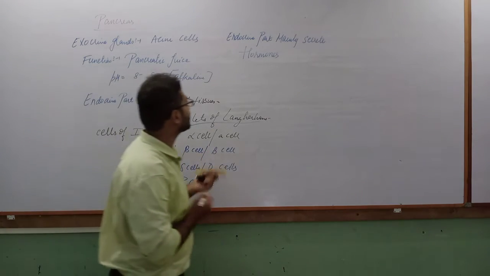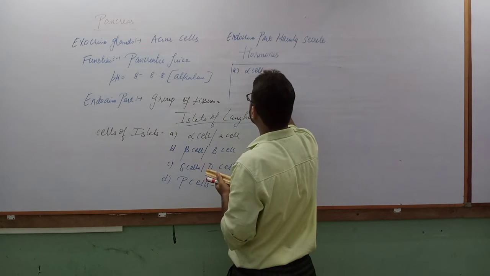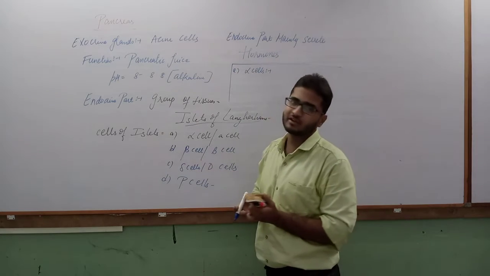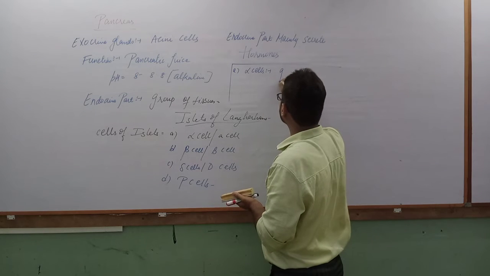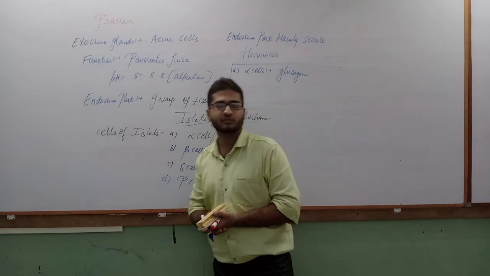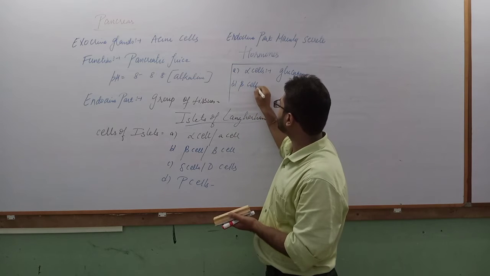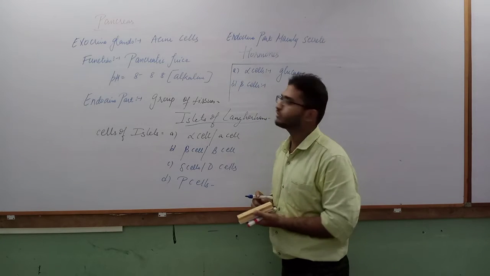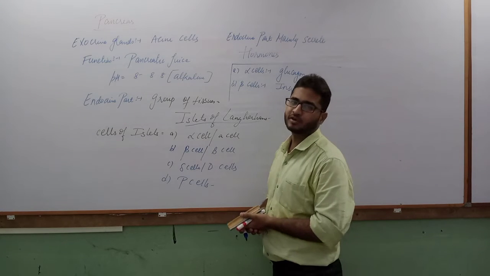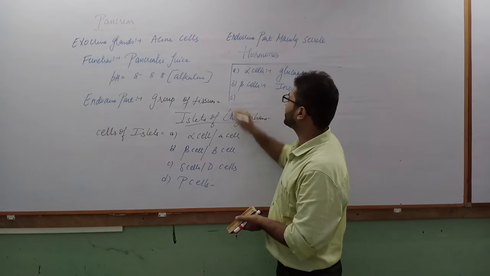So let us discuss first the alpha cells. Alpha cells secrete an important hormone, that is glucagon. Beta cells secrete an important hormone, that is insulin.